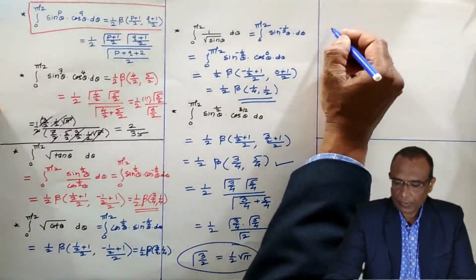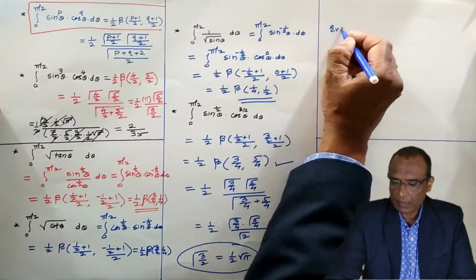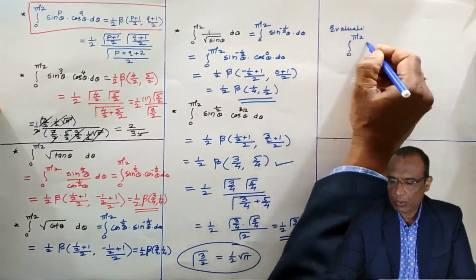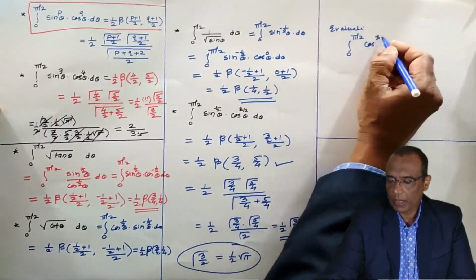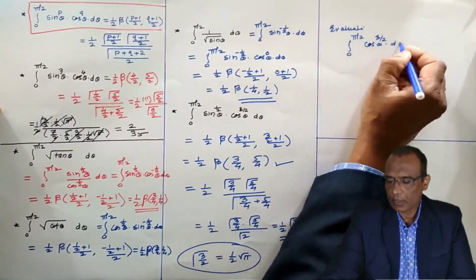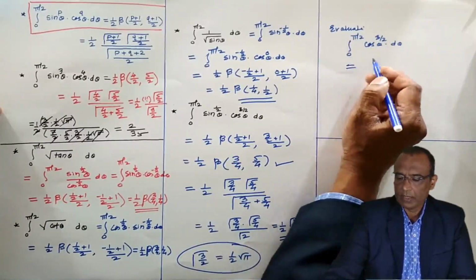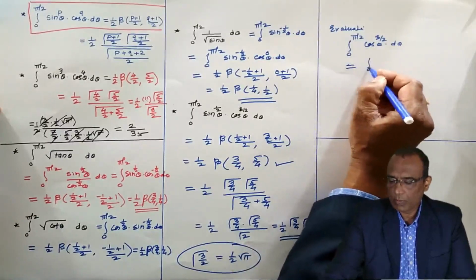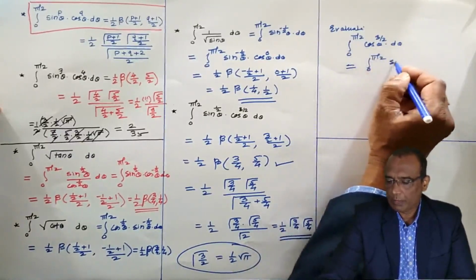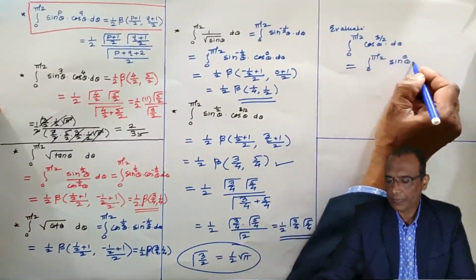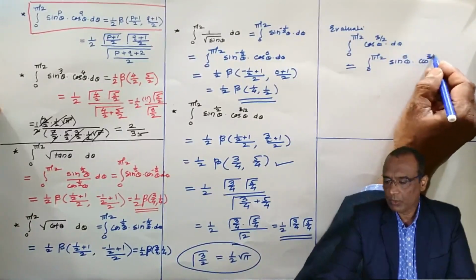Evaluate the integral 0 to pi by 2 cos raised to power 3 by 2 theta. Again the same thing here, 0 to pi by 2 sin power 0 theta and cos power 3 by 2 theta.